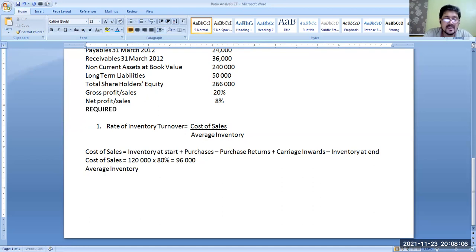Average inventory we calculate by inventory at start plus inventory at end, divided by 2.